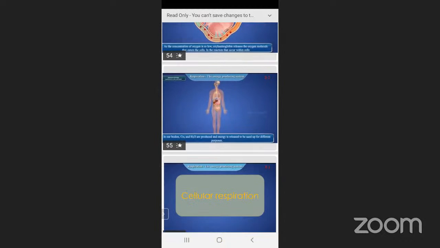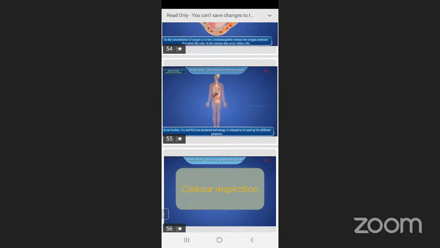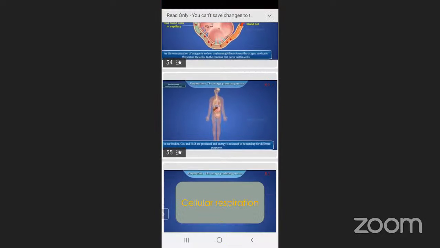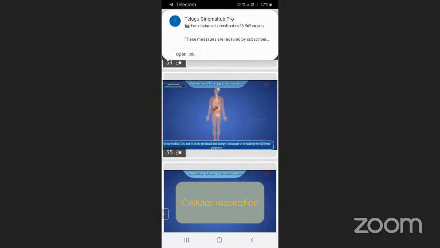Okay. And next, in our bodies, carbon dioxide and water are produced and energy is released to be used up for different purposes. As I told you, by the cellular respiration in our bodies, after utilizing oxygen, carbon dioxide and water are produced and energy is released.